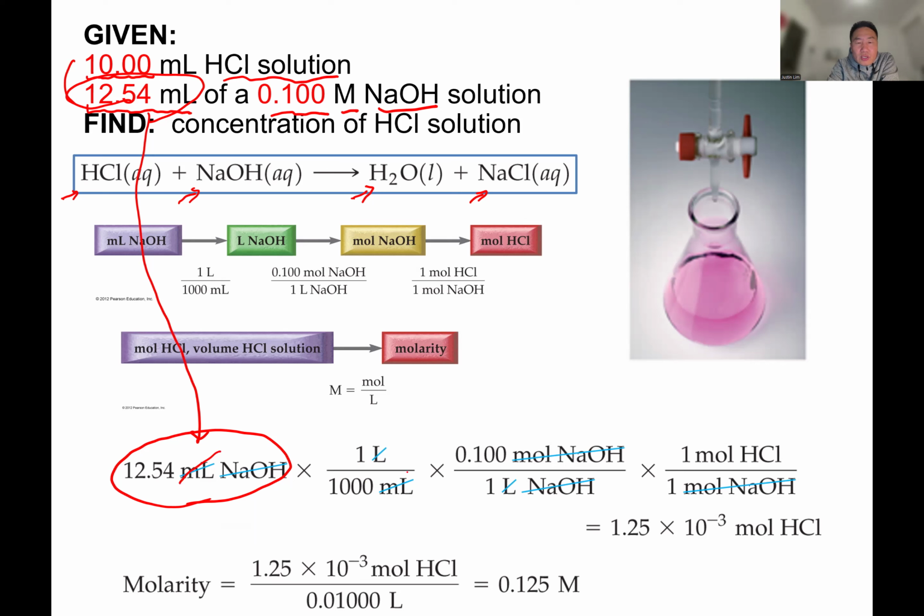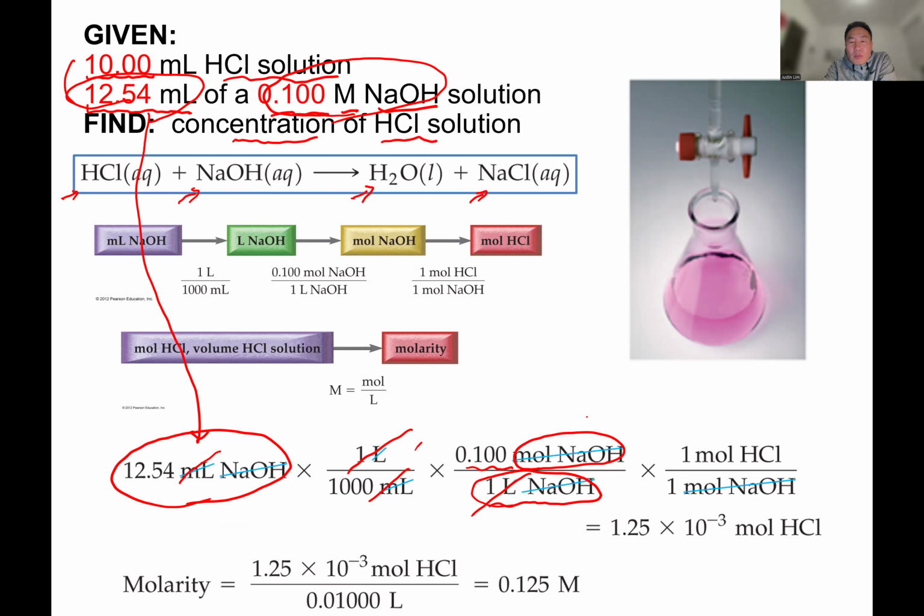So units cancel out. Then use the given molarity. So 0.100 molarity means 0.100 mole NaOH over 1 liter NaOH. So liters cancel out, and you get moles of NaOH. To calculate the concentration of HCl, we need moles of HCl.